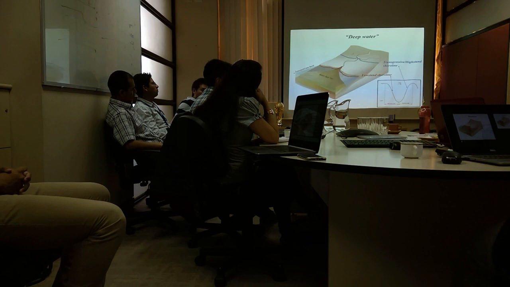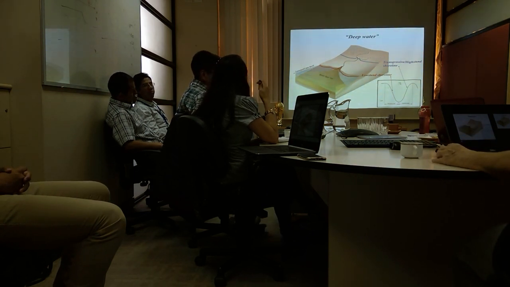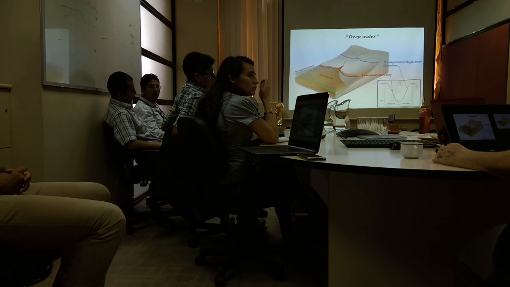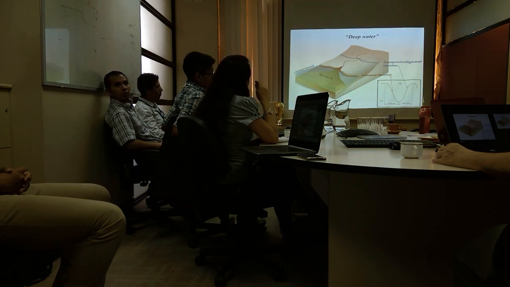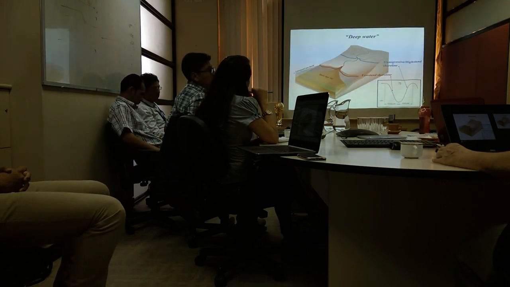What I'll show this afternoon is a very interesting example of a sequence stratigraphic study done in Cretaceous age rocks, where you could work out the positions of incised valleys.